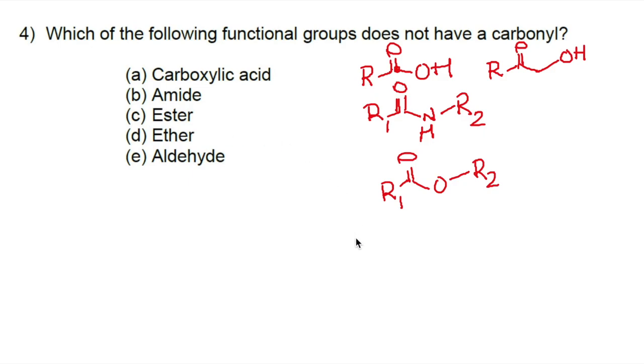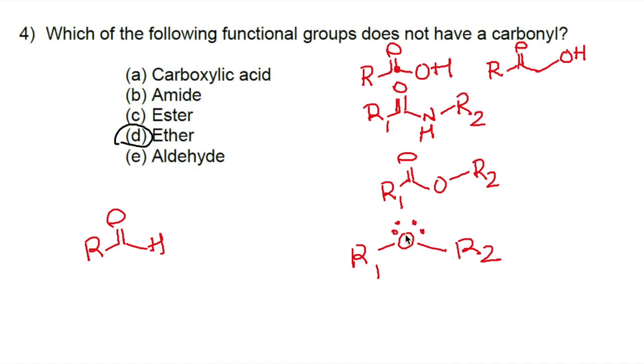An ether is this one, where you have the oxygen right in the middle, and then an aldehyde is this one right here. So the only one that doesn't present a carbonyl is the ether. It's this one right here.